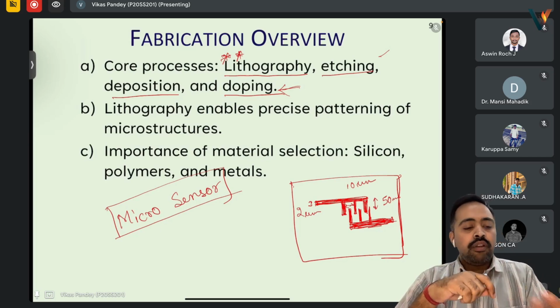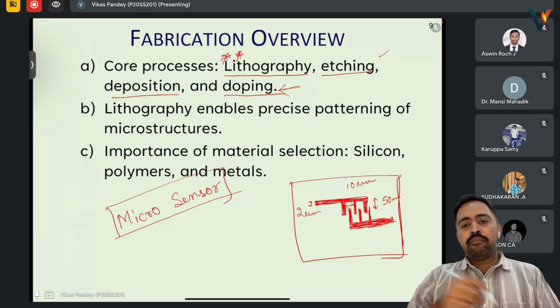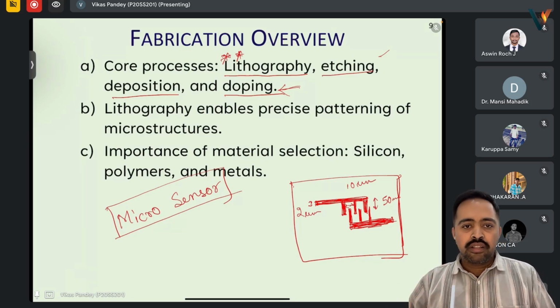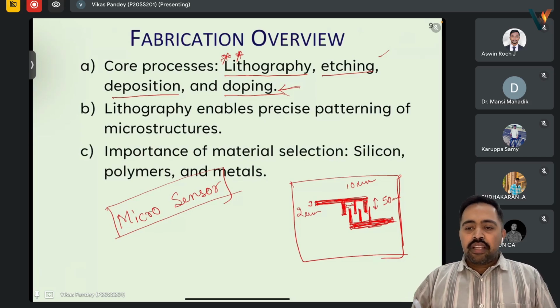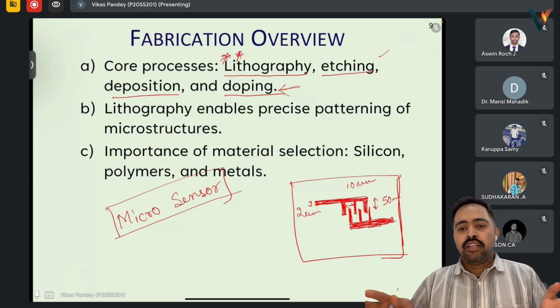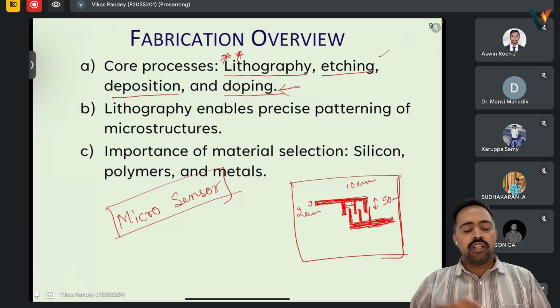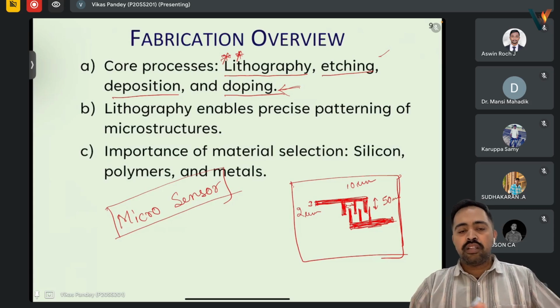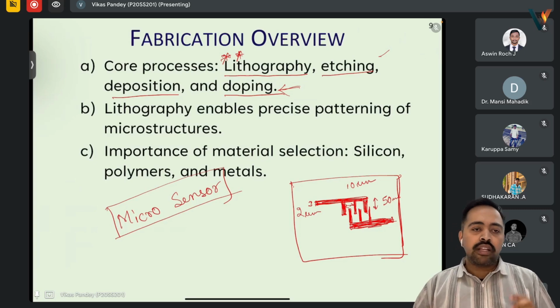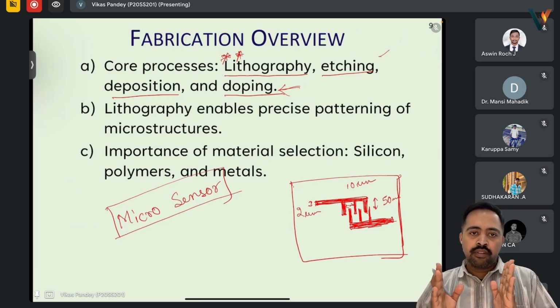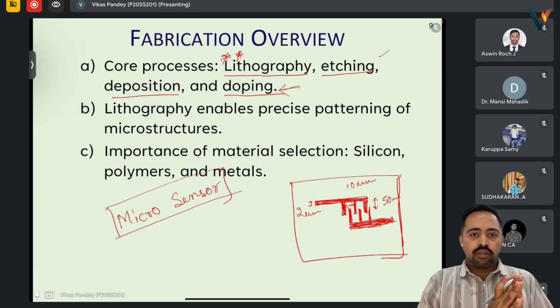We draw the pattern using a marker or some enamel, then etch out the rest of the area, and then that part is left, and we remove it using acetone or other relevant material, and that pattern is left. So that is lithography, the same thing.